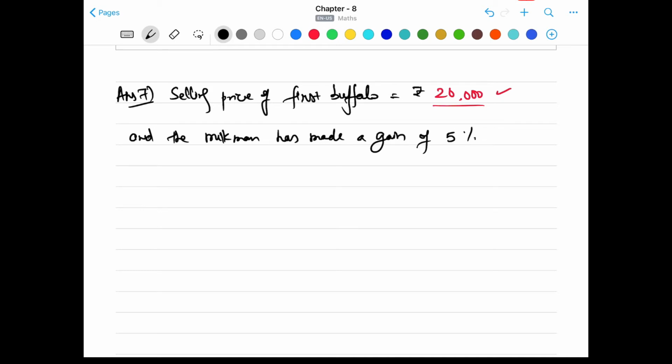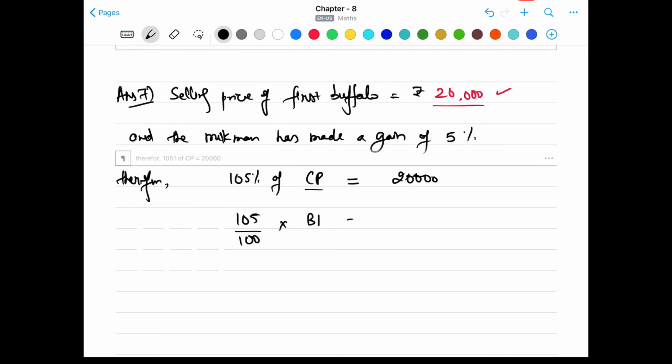Therefore, 105% of cost price will be equal to 20,000 for the first buffalo. If you remove the percentage, we get 105 divided by 100 into the cost price, which we have to calculate. In place of cost price I'm writing buffalo 1, that is B1.